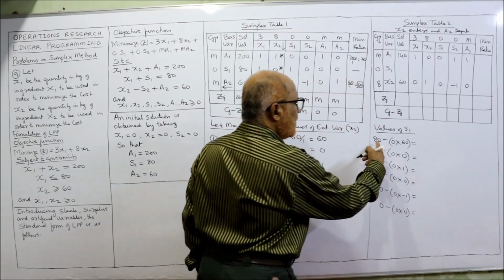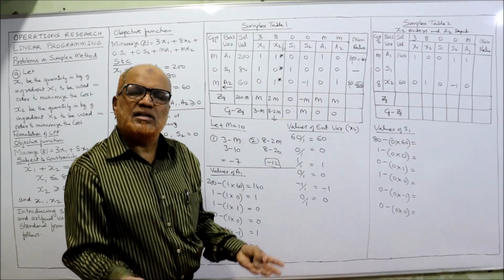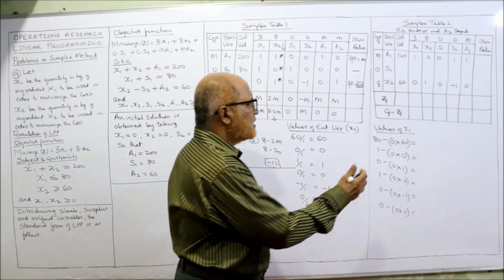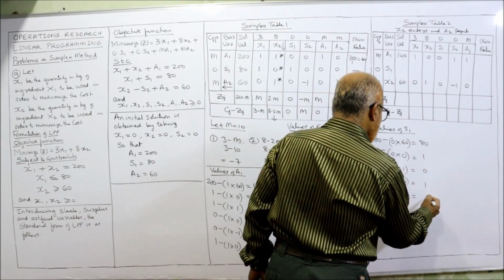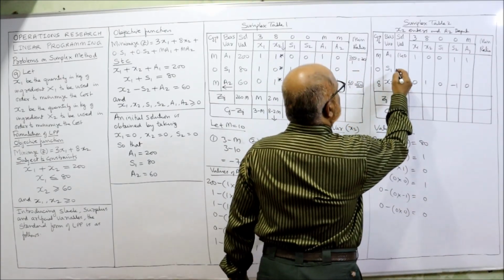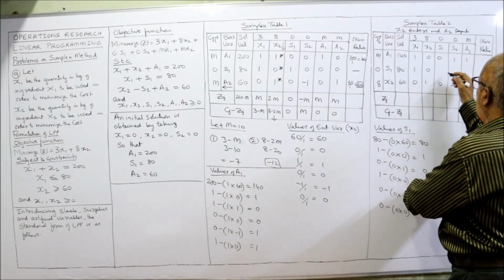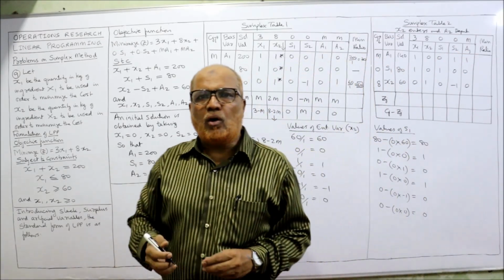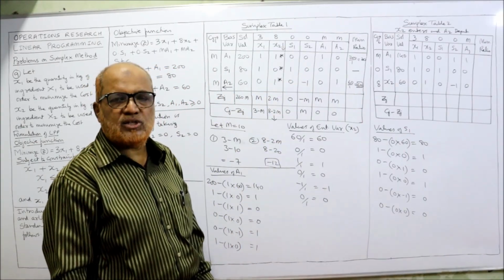Now carefully see: 80 minus anything multiplied by 0 is 0, so in all these brackets you will get 0. So the same values remain: 80, 1, 0, 1, 0, 0. So we got all the values of A1, S1, S2 and x2.